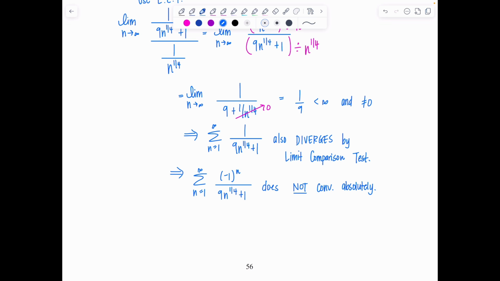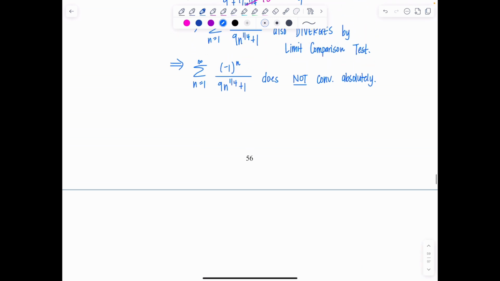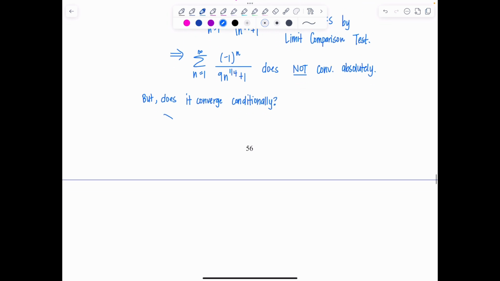No, because now we need to check: does it converge conditionally? When testing for conditional convergence, you always use AST. Always and forever. Use AST.